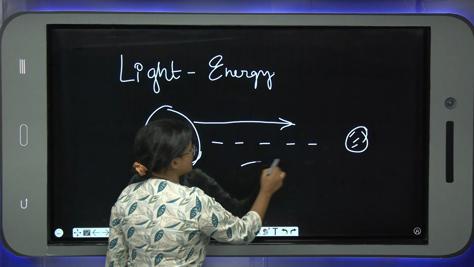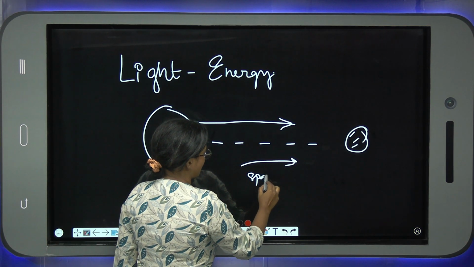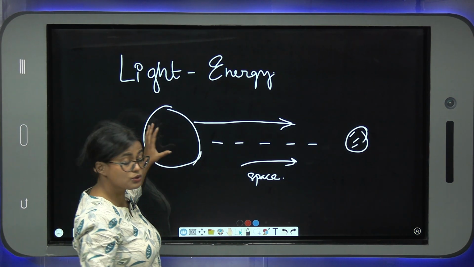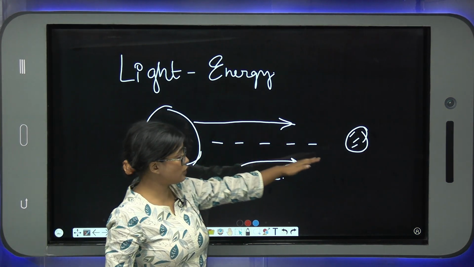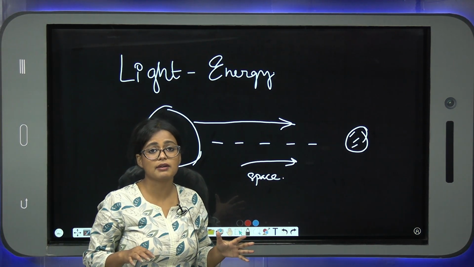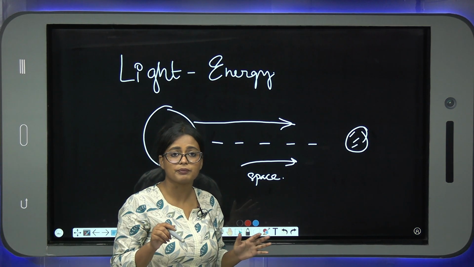Between the sun and the earth there is just empty space and nothing else. So how does light travel from so many kilometers away to the earth? Because it does not require any kind of medium, light can travel without a medium.